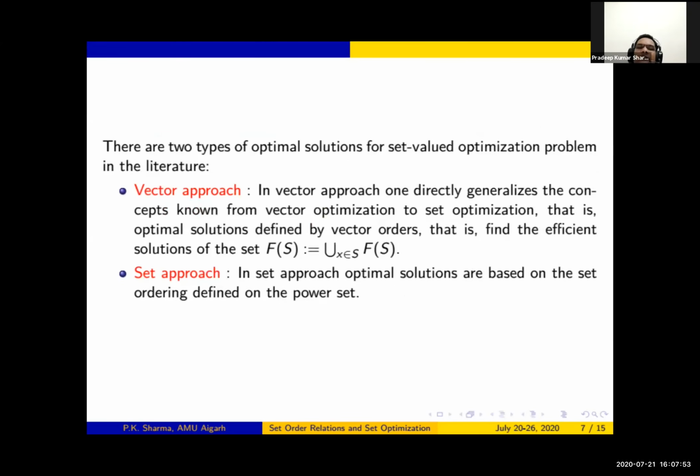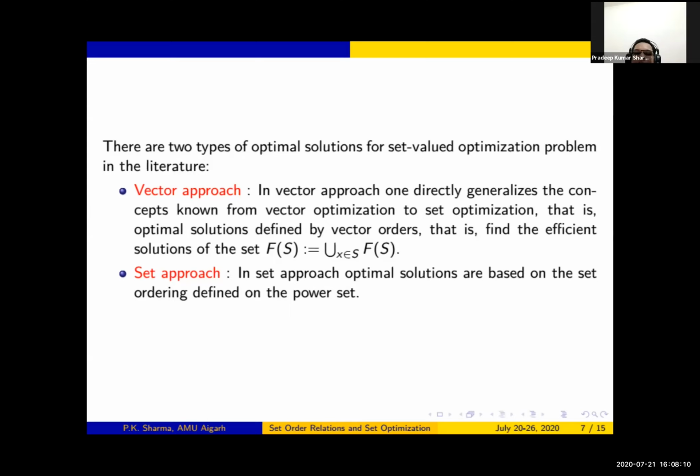Further, there are two types of optimal solutions of set valued optimization problem. First is the vector approach. In vector approach, one directly generalizes the concepts known from vector optimization to set optimization.